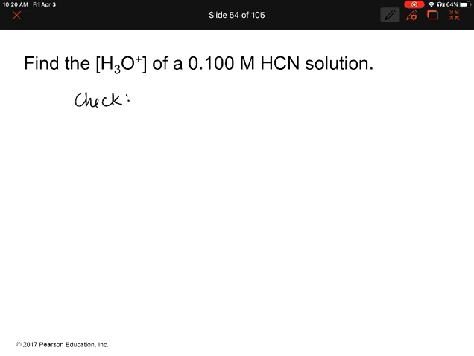And to do that, we're going to take the concentration of hydronium ions at equilibrium and then divide that by the concentration of the acid at its initial point. And then we multiply by 100. And if the percentage here is less than 5%, then that means that our assumption is valid.